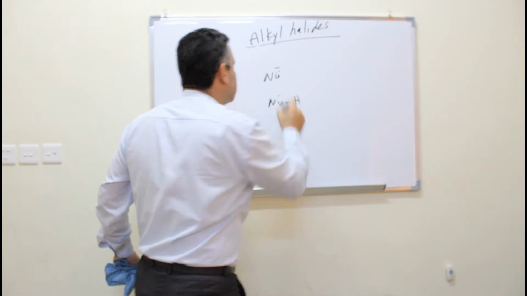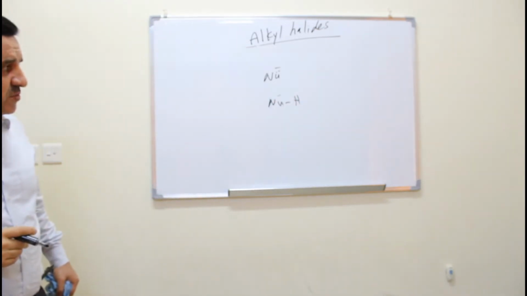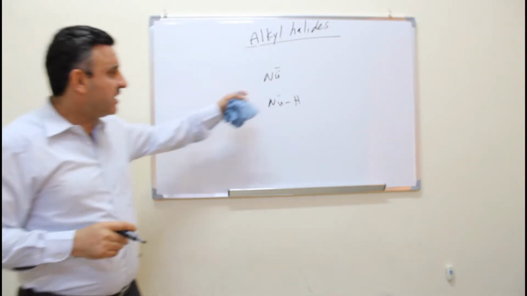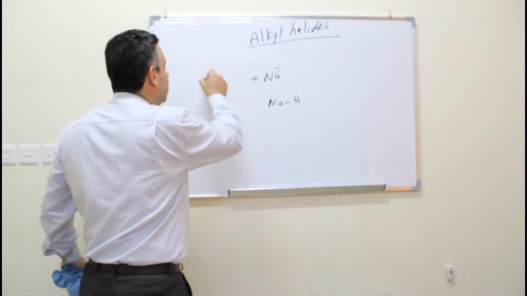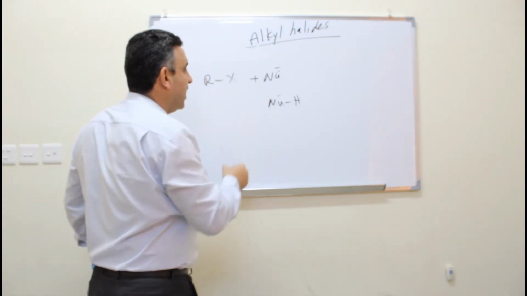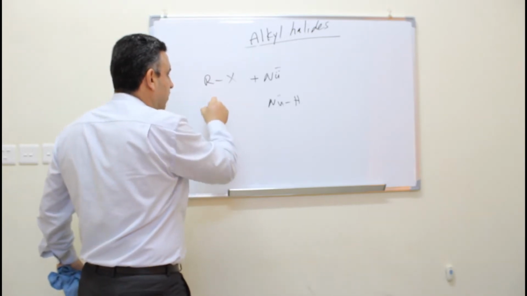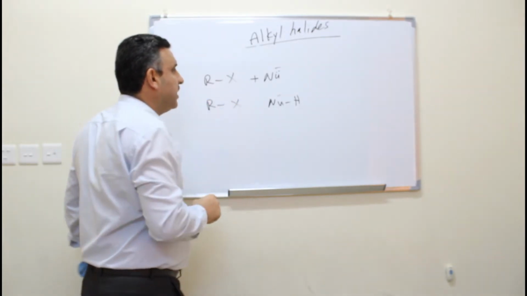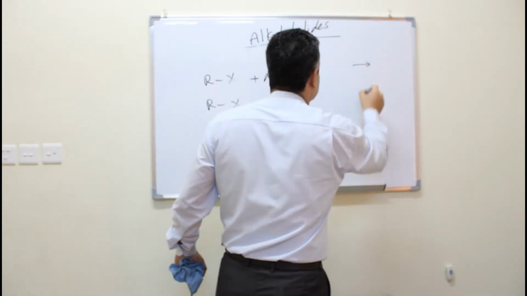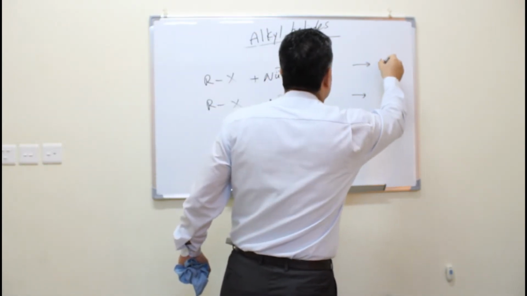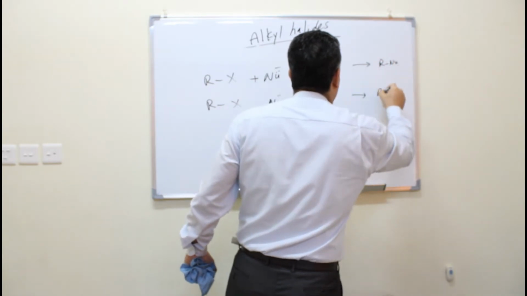So if it is negatively charged, which means any negative ion reacting with any alkyl halide, or a neutral reacting with any alkyl halide, in both cases, what we are going to get is our nucleophile attached.